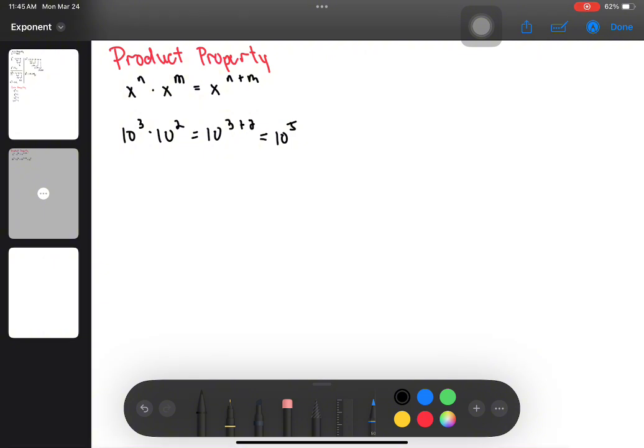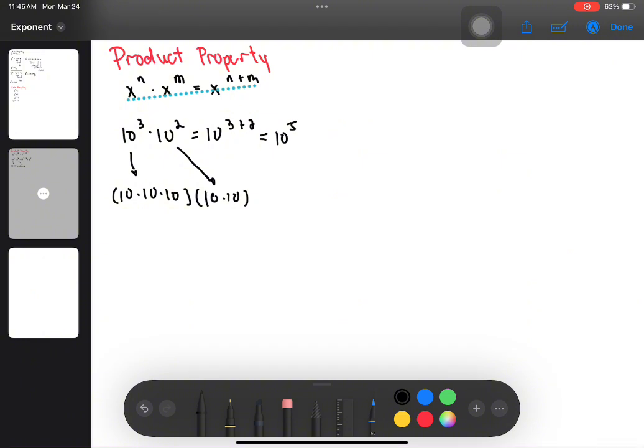To further understand why this rule is processed like this, let's lay out the exponents. So 10 to the third power is 10 multiplied by 10 multiplied by 10. And 10 raised to the second power is 10 times 10.